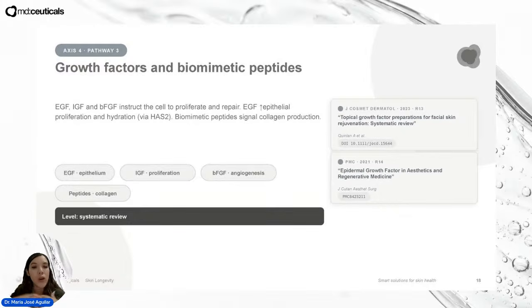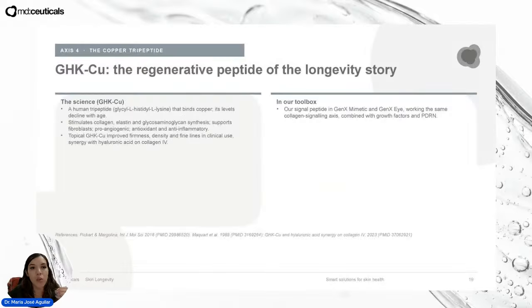These growth factors that we induce increase the natural proliferation of the cells, the angiogenesis, and increase the collagen production, specifically of type 1 and type 3. So that's why the growth factors are really popular.